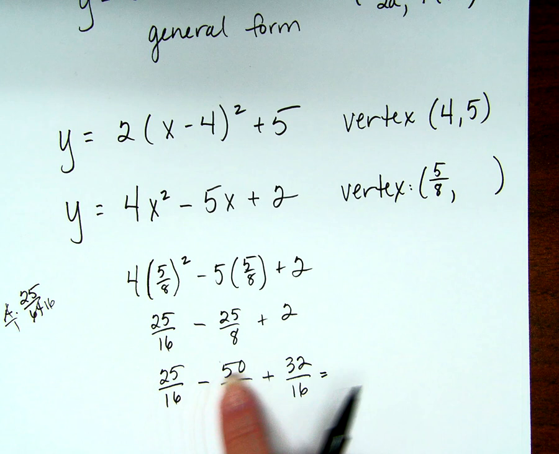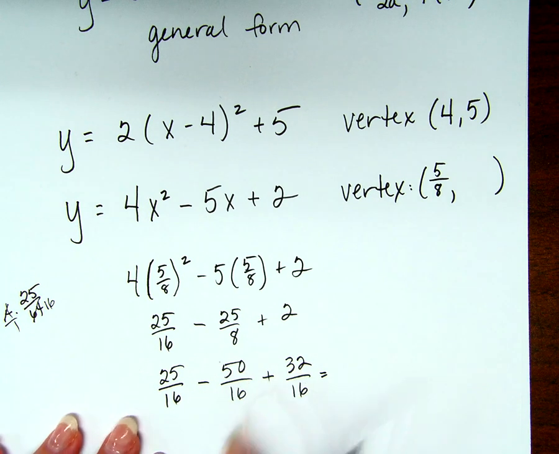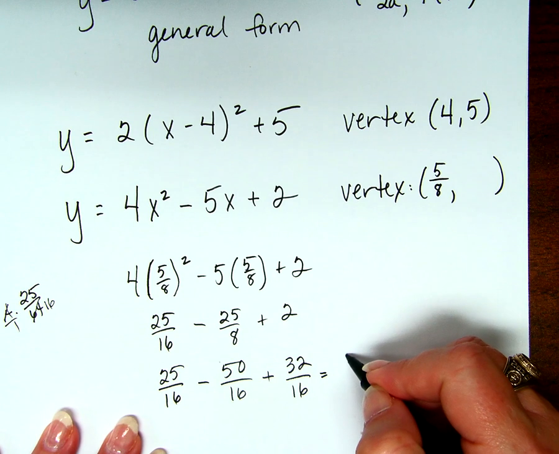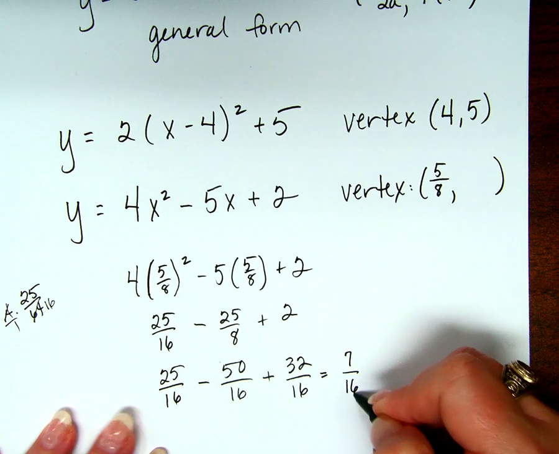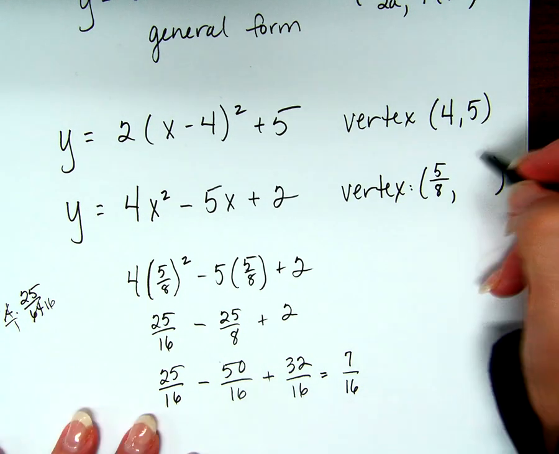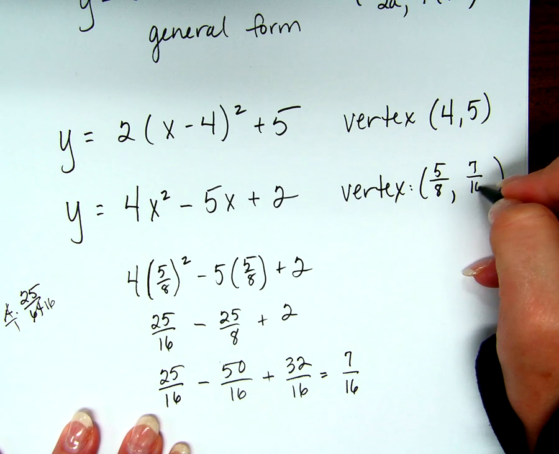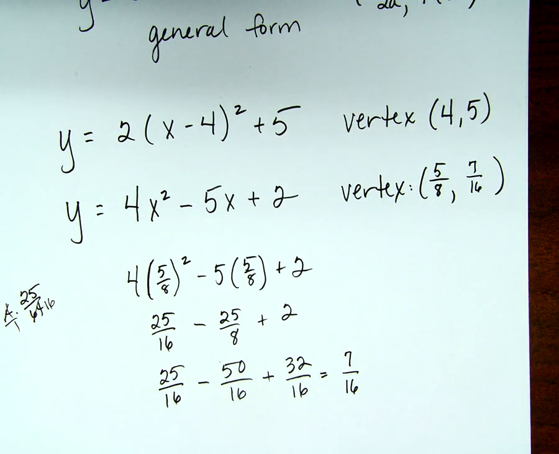Well, 25 minus 50 is negative 25. What's negative 25 plus 32? 7. So my y value would be 7 over 16.